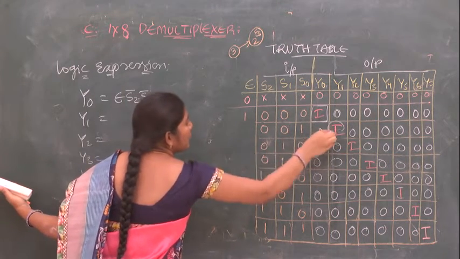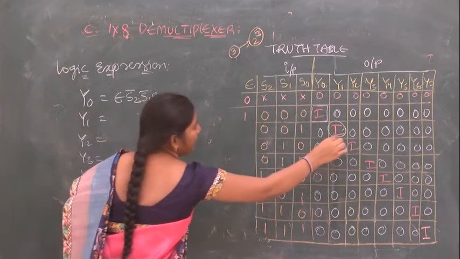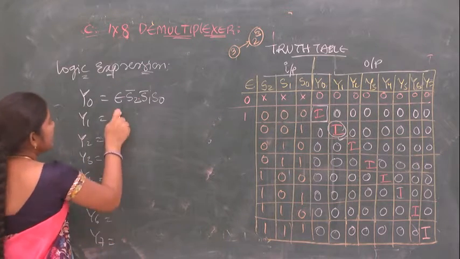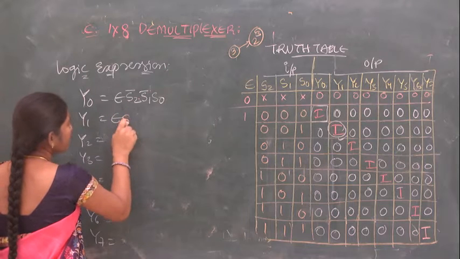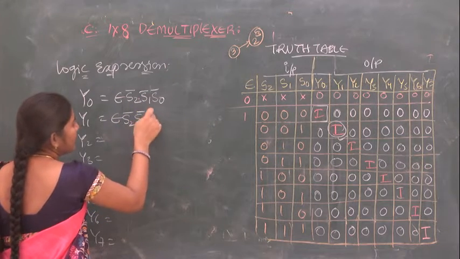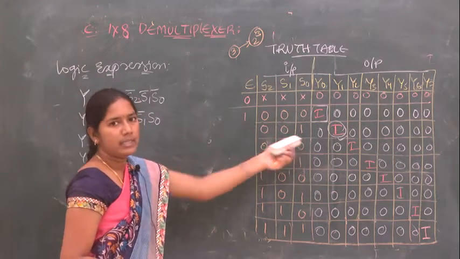For Y1, this is the only case where the output is high, means only in this case the output is having some data. So I can write it as E, S2 bar, S1 bar, S0. 0 0 1, right?